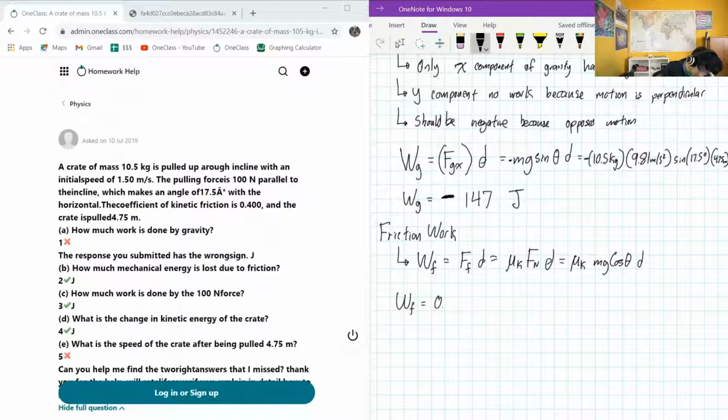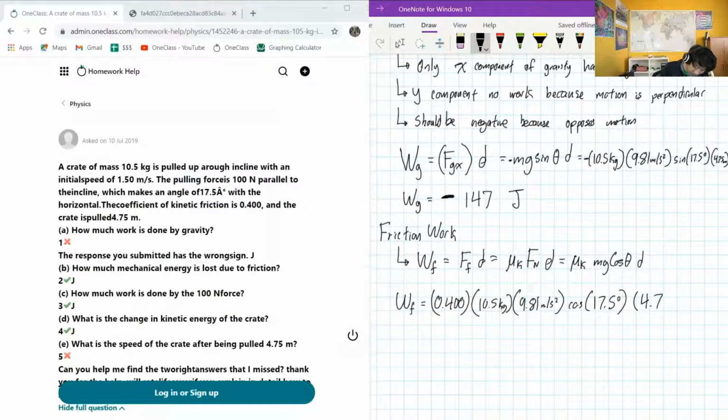So our mu k is 0.400, our m is 10.5 kilograms, 9.81 meters per second squared, times cos 17.5 degrees, times 4.75 meters.